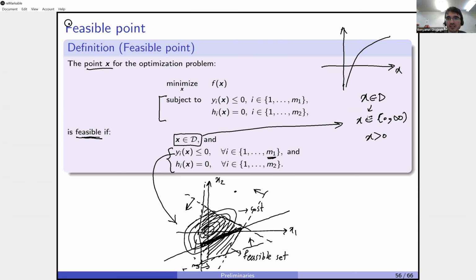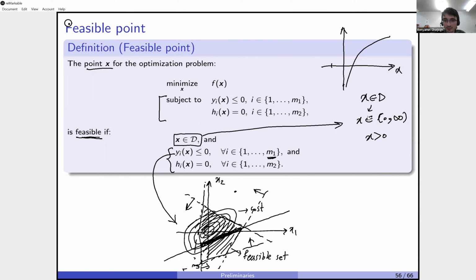For example, if you say, okay, the minimum of the log function is at an argument of -1, it doesn't make sense mathematically because x can't be negative for log, right? So it should satisfy all of these. This is feasibility.